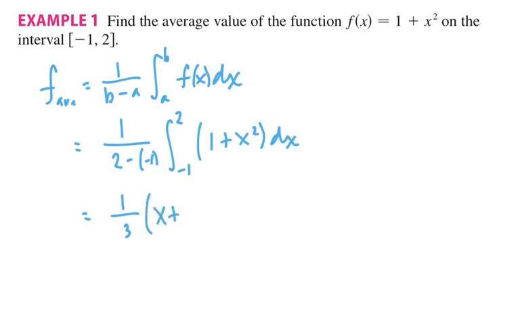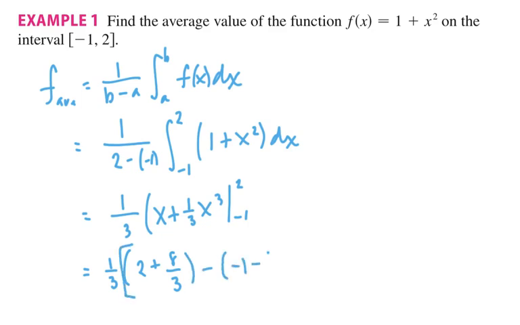So we have x plus 1/3 x to the third from -1 to 2. And we have 1/3. Now when we plug in 2, I have 2 plus 8/3 minus -1 minus 1/3. I find that if I don't use parentheses, I tend to lose negative signs. So I write it out. Some of you need to write it out too. Feel free.